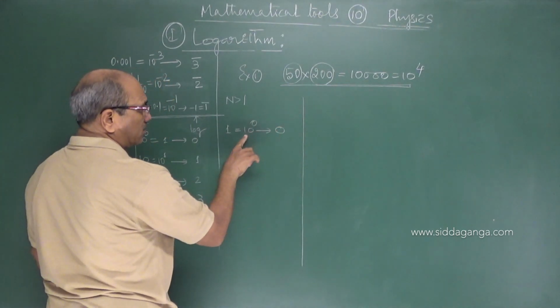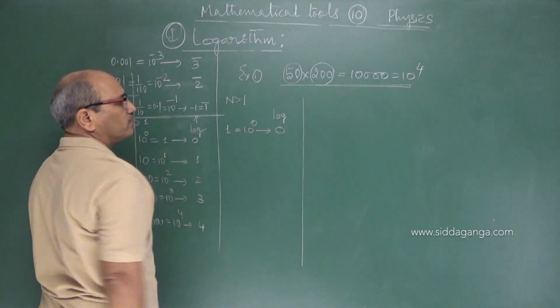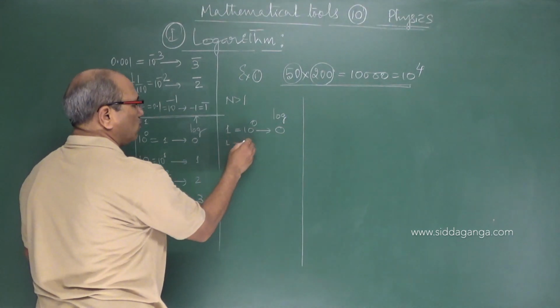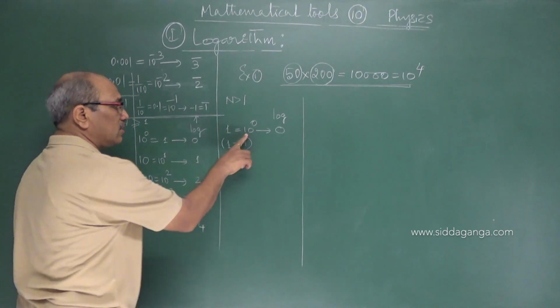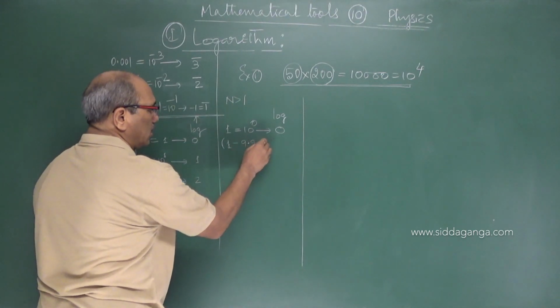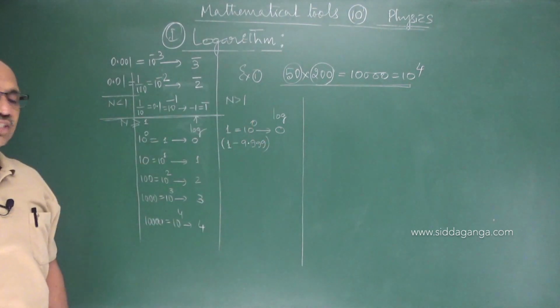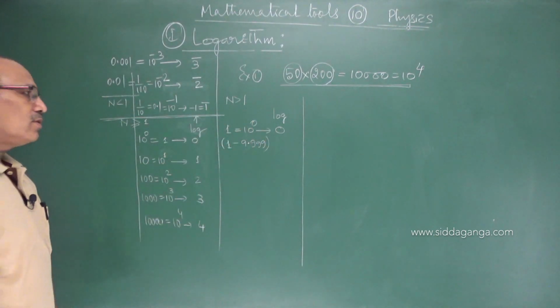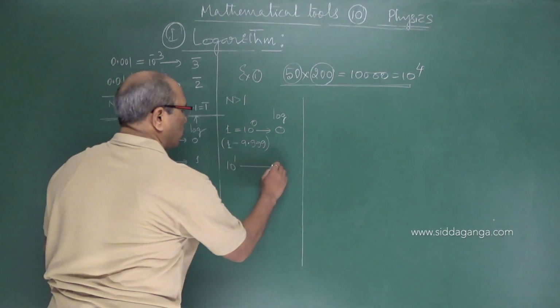This implies for any single digit number, between 1 and 9, even 9.999, the log value is 0. Similarly, 10 power 1, log is 1.